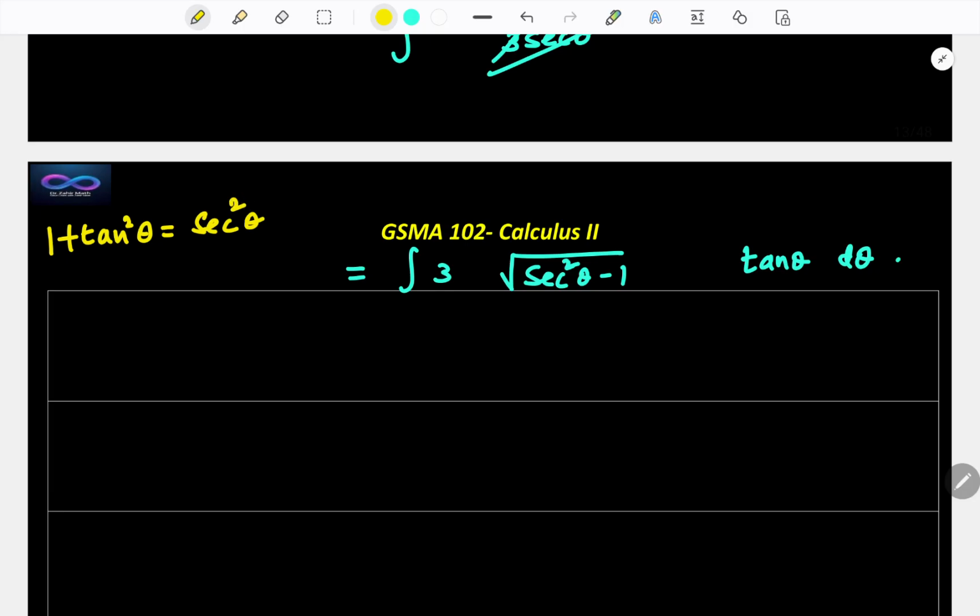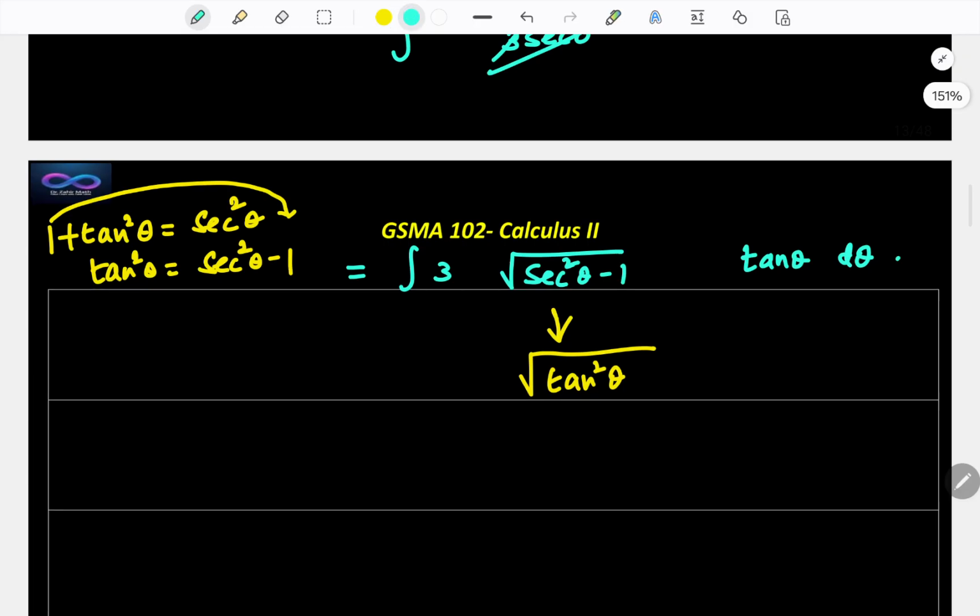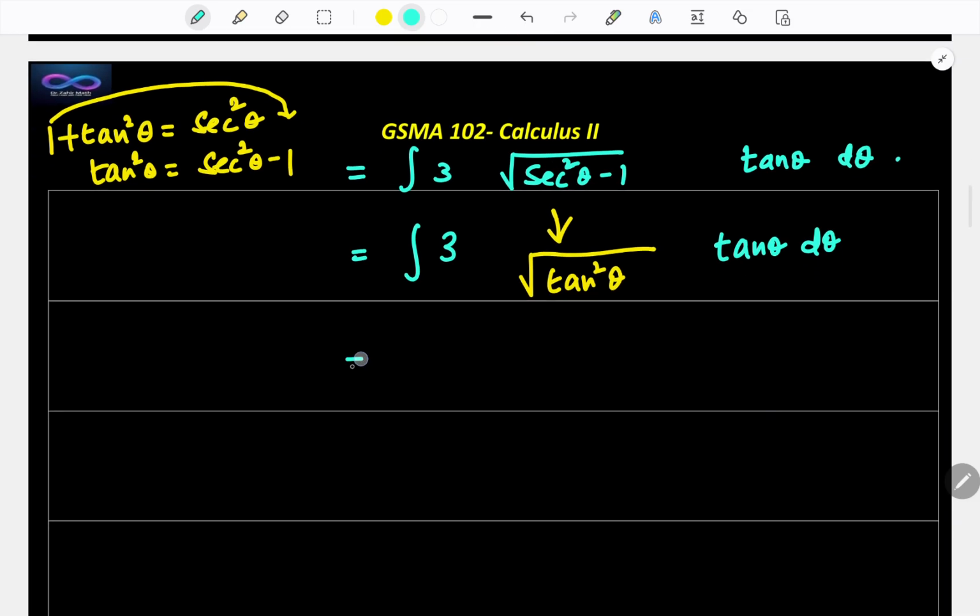So from this, what is secant square theta minus 1? So tan square theta equals secant square theta minus 1. So this will be square root of tan square theta. So this equals integral 3, and this is tan theta d theta. So this equals integral 3, square root of tan square is what? Tan. So this also tan d theta.